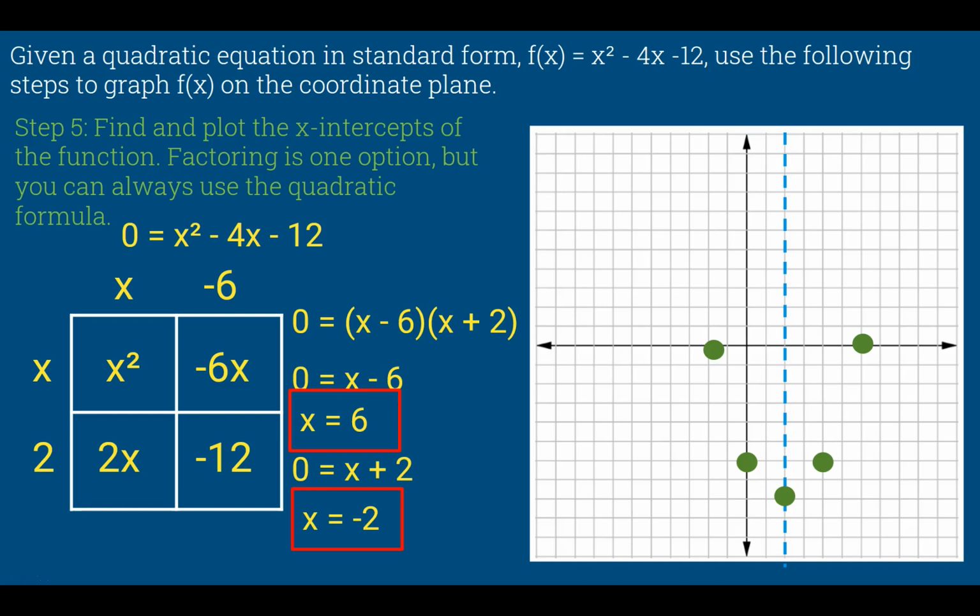You'll notice they are reflection points to each other. Your X-intercepts will always be reflection points. Both of these are 4 units to the left and to the right of our axis of symmetry. That'll always happen. And then from here, you can draw your U, our parabola.